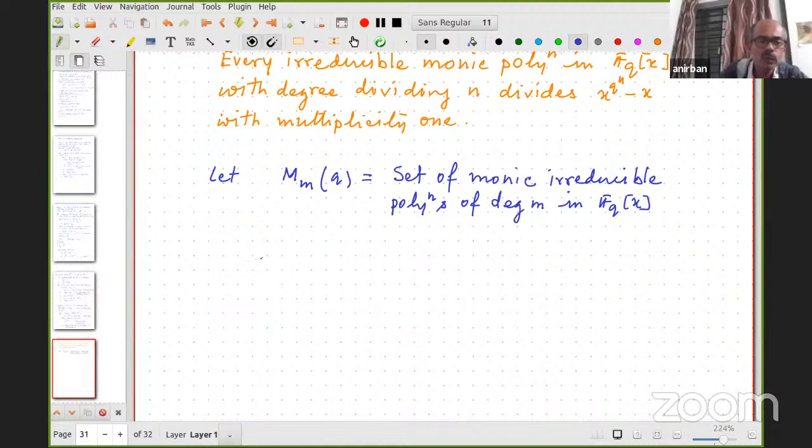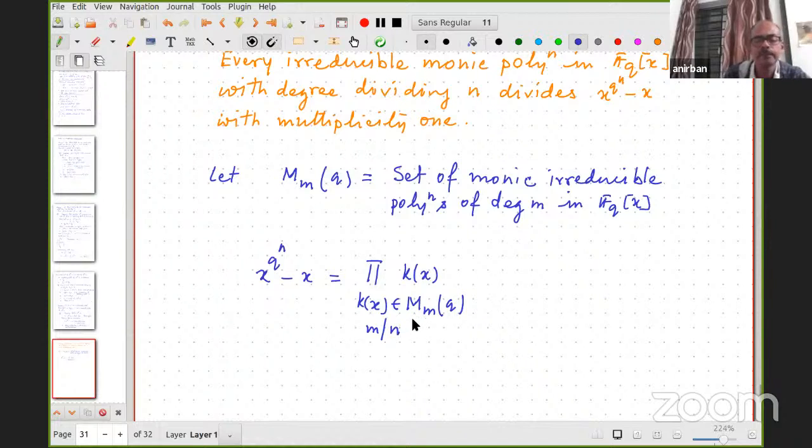Then what we have proved amounts to this: x^(q^n) minus x can be written as a product of these polynomials where m divides n.